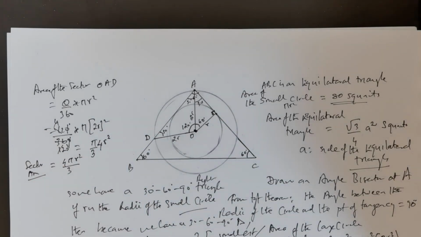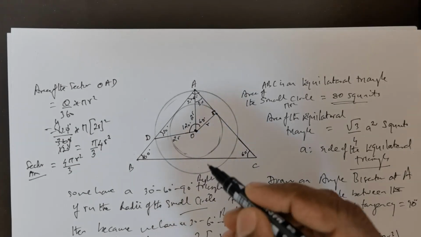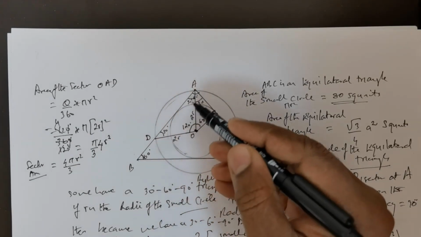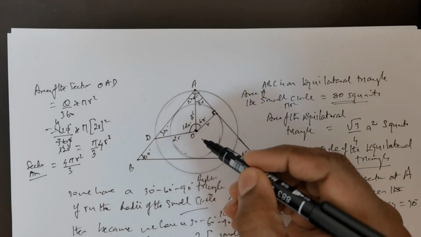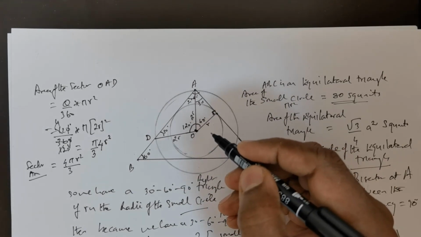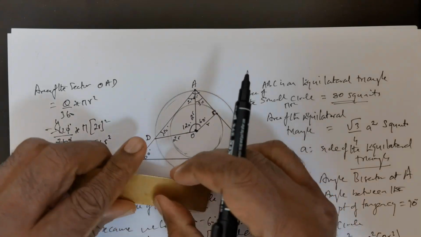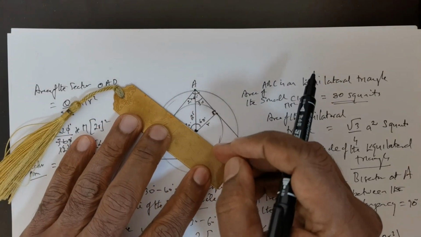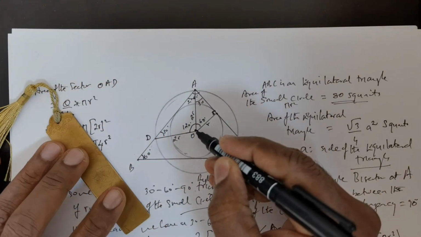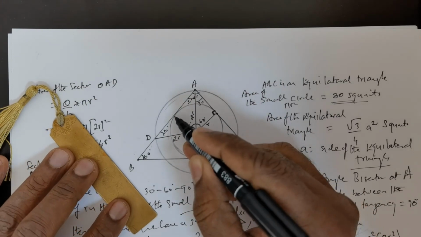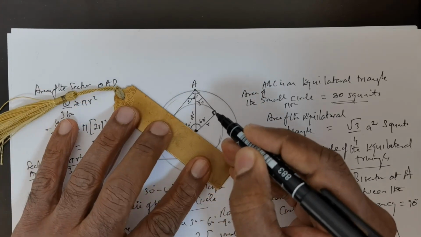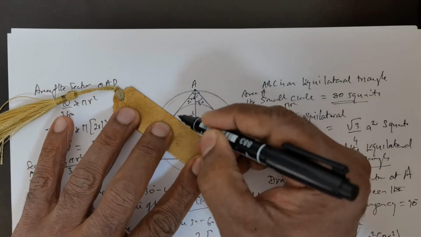Right? So now comes the area of the triangle. From this sector area, I'm going to take away the area of the triangle. For that, we would have to use the tangent theorem. Now, I'm going to draw a line from the center to the point of tangency. That is going to make an angle of 90 degrees.